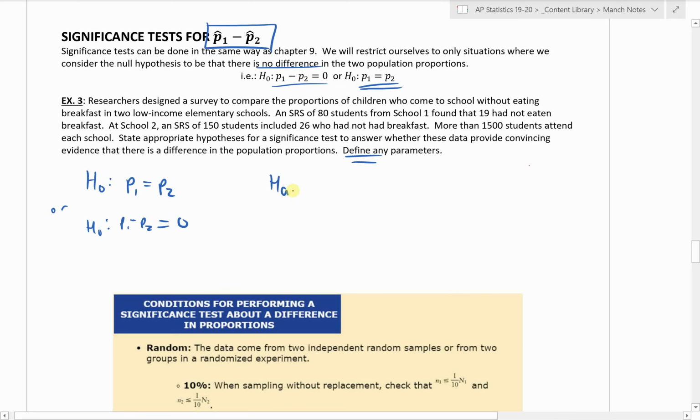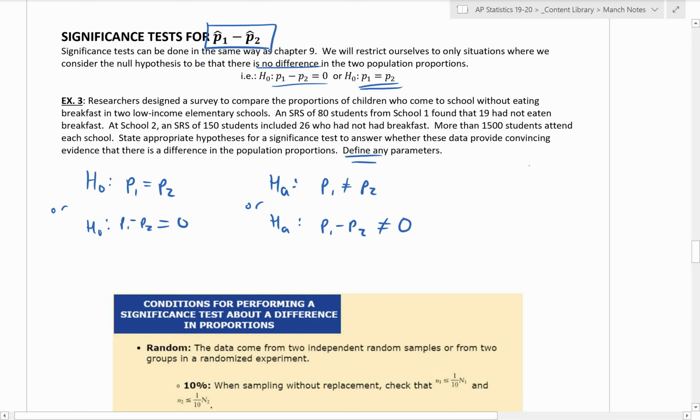Your alternative hypothesis could be stated two different ways as well. It's just the negation of these things. We're trying to test whether they're equal. The alternative would be that they are not equal. Or you could say, if we're trying to test that the difference is 0, the alternative would be that the difference is not 0.